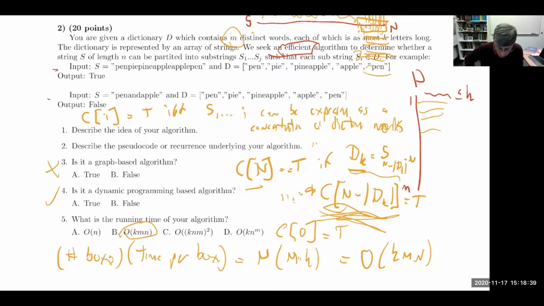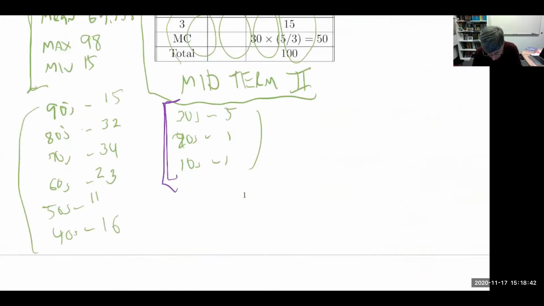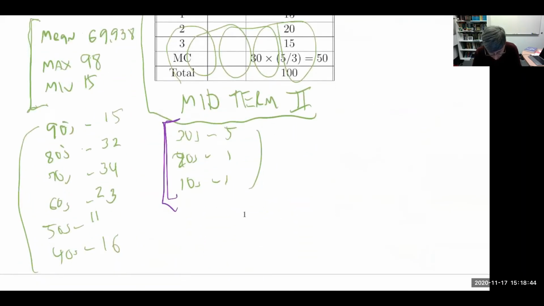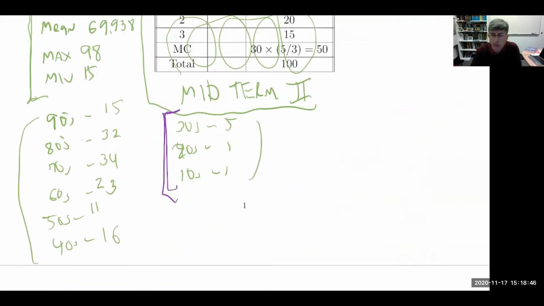Any other questions about the midterms or anything like that? This was the criteria. I know this is a strange semester when everyone is stressed out. Don't get too stressed out about things. The people I'm concerned with are the people in the 30s or below.